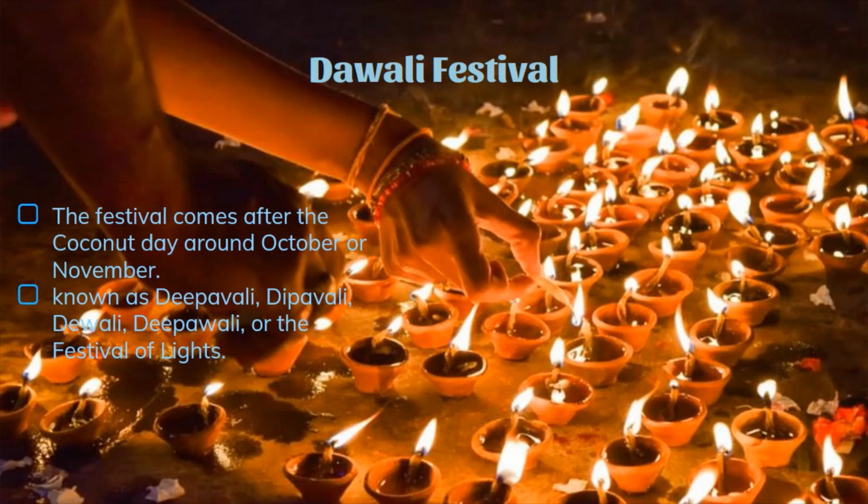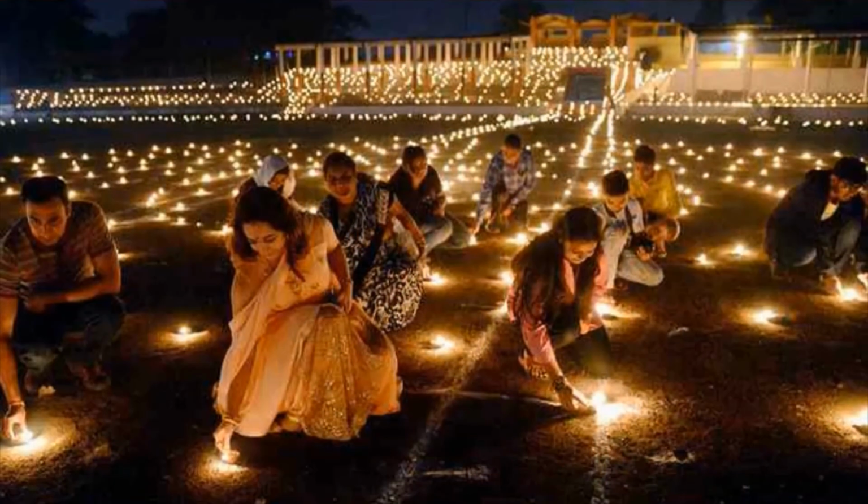It is celebrated in October or November each year, which can last around 5 days. The Diwali celebration in India takes place when the monsoon season ends and the weather is mild and pleasant.